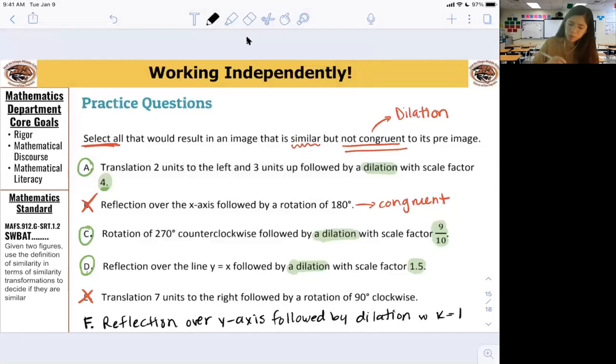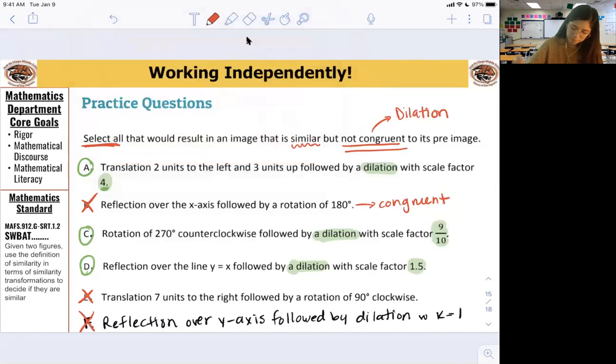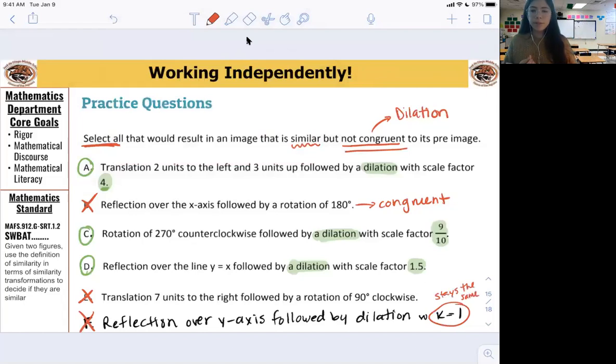Out. Why? Good. Because when you multiply something by 1, it's going to stay the same. So this would still be congruent. That's the other thing. We just got to be careful. If the scale factor is 1, nothing is changing. So we got to make sure we know that. Any questions?